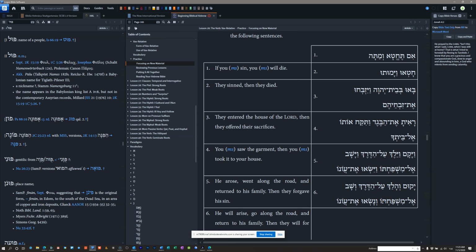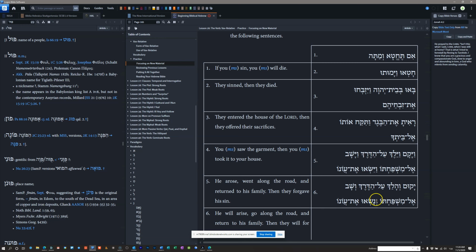Mishpacha, when we add the 3ms possessive suffix to that, the hey hardens into a tav so that it can hold the suffix. So this is his family. And nasa'u, again, this is a suffix form, an unprefixed form, with the vav relative, which nasa'u would be he lifted up, or they lifted up.